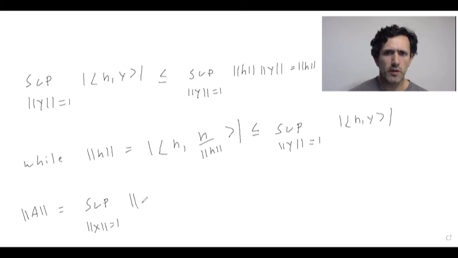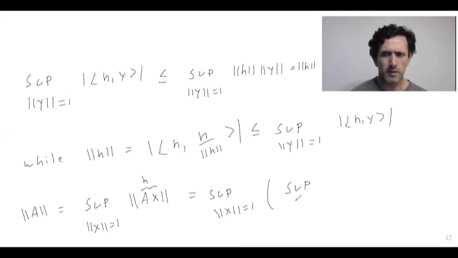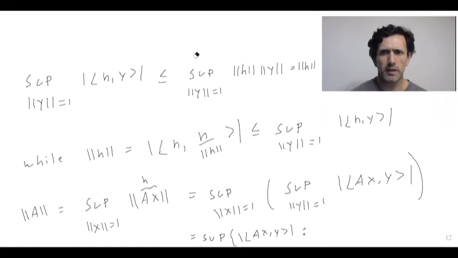We can write the operator norm as follows, by definition, and setting H to be AX, we can write this as an iterated supremum of the inner product of AX with Y. You can check, like a 511 exercise, that it's just a supremum over these inner products over all possible values of X and Y with norm equal to 1.